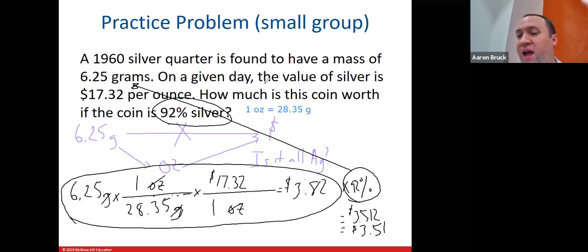But that's how you would have had to apply the 92%. Somewhere along the line, you would have had to multiply that answer by 0.92 to account for the impurity of the coin from the standpoint of it not being pure silver.